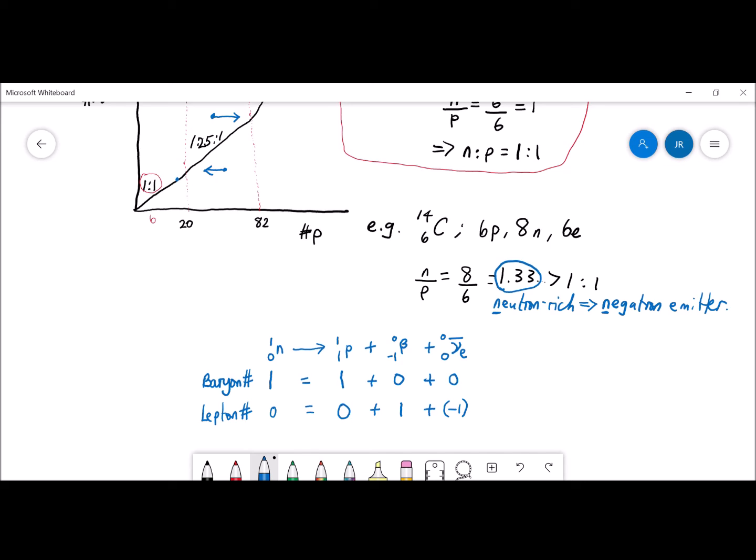So not only can we predict from the neutron to proton ratio that carbon-14 is radioactive, but we can also indicate the probable type of radiation exhibited. In this case, we knew it was neutron rich, hence a negatron emitter, and we can see what that would decay into.